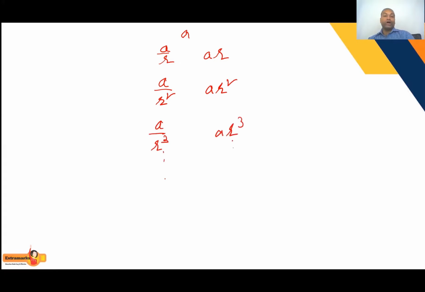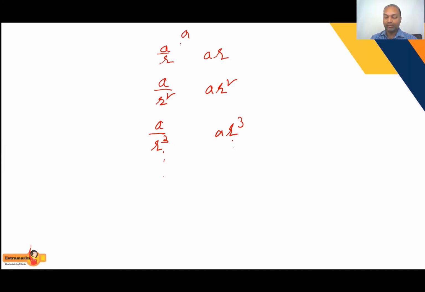Enough. If an odd number of terms is there, include A, write it down. If an even number of terms is there, exclude A, write it down. Suppose 3 numbers in GP can be taken as: 3 is an odd number. Odd number means, as I told, including A. So 1 term is A. Next, how many terms do we want remaining? 2 terms we want. 1 left side, 1 right side you take.